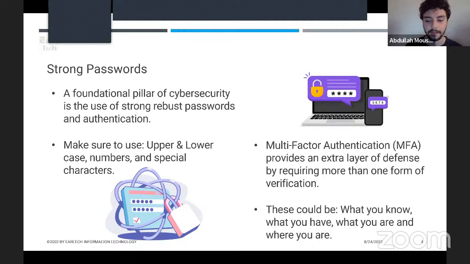So where you are is when you require a user to log in from a specific geographical location. I know there are some banks that won't let you do any online banking if you're outside of the country. It's just a measure to make sure that there's no one from a foreign country in your bank account.